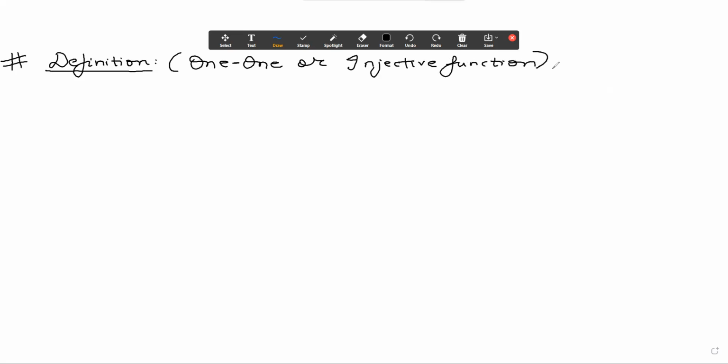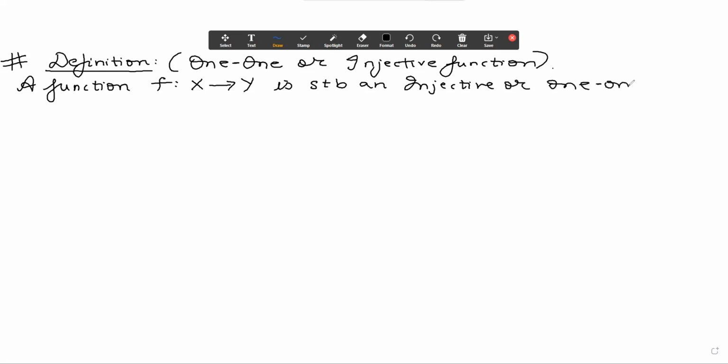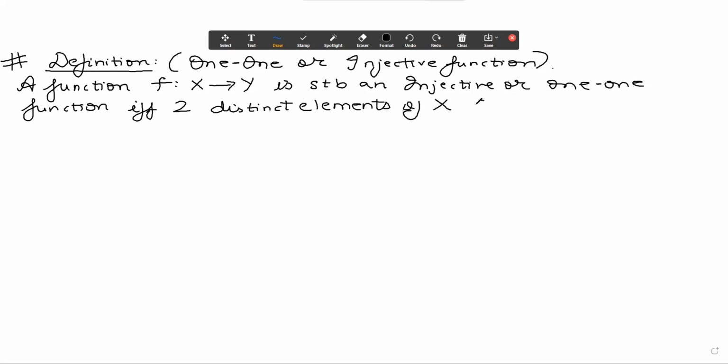A function f which maps x to y is said to be an injective or 1-1 function if and only if, IFF means if and only if, two distinct elements of x cannot have the same image.